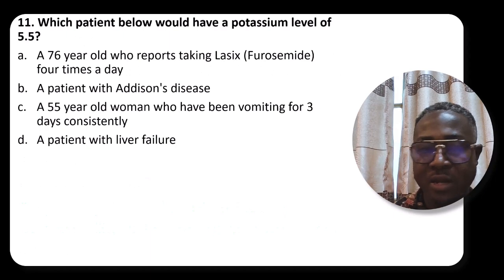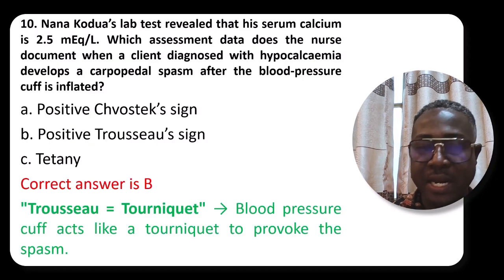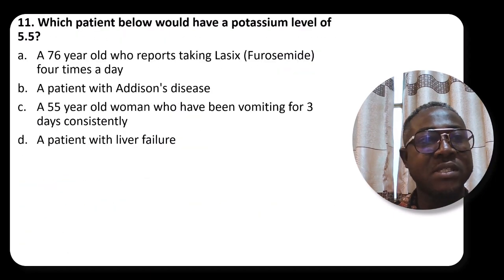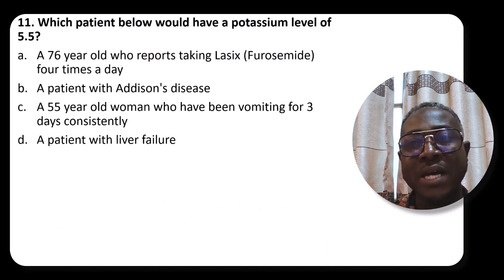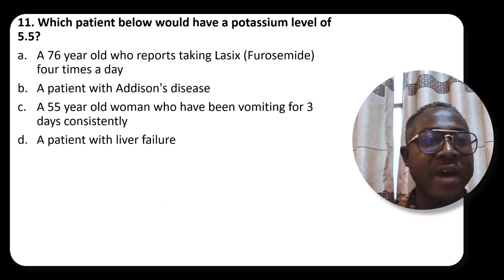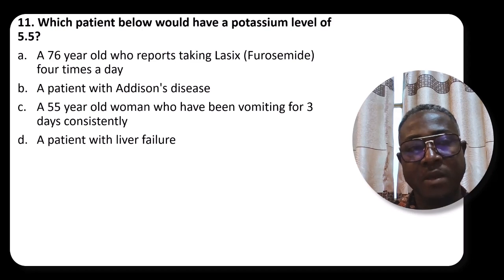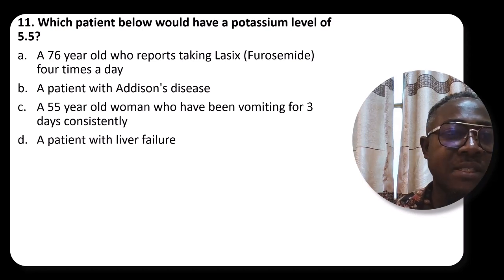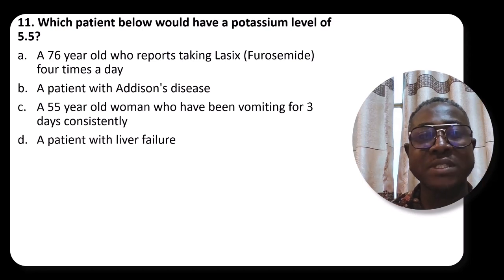Now let's look at the last question, which is question 11. Which patient below would have a potassium level of 5.5? A, a 76-year-old who reports taking Lasix, which is furosemide, 4 times a day.